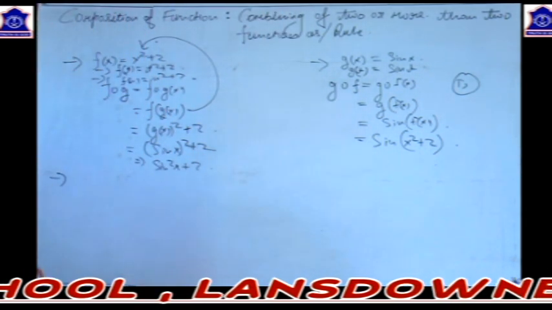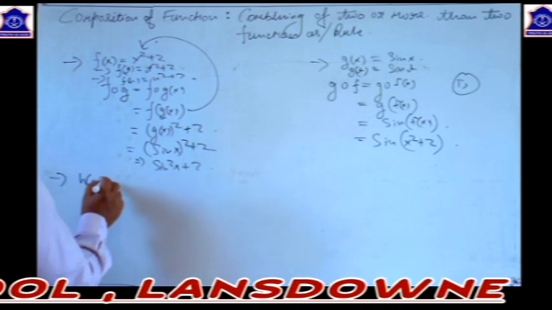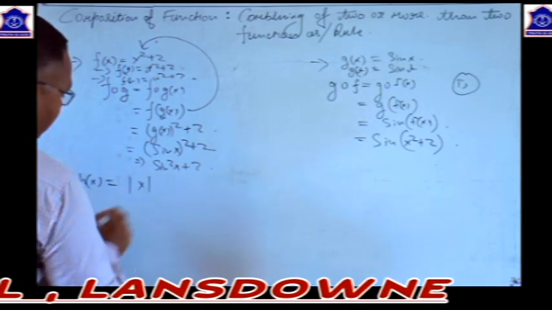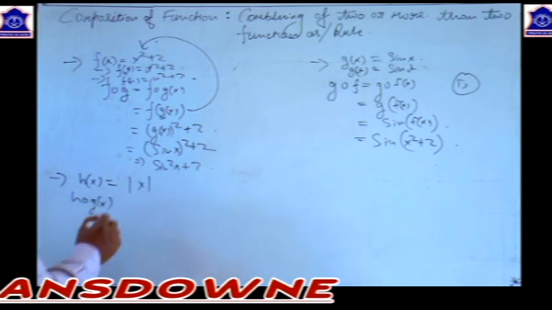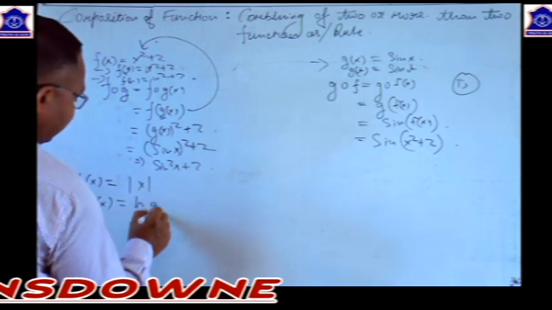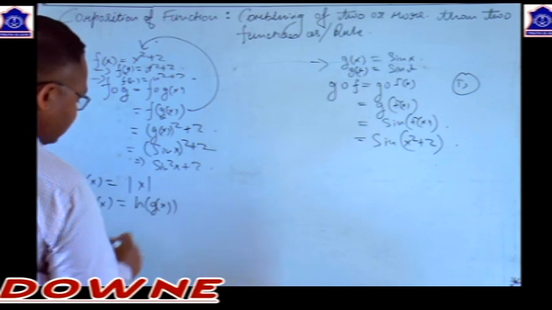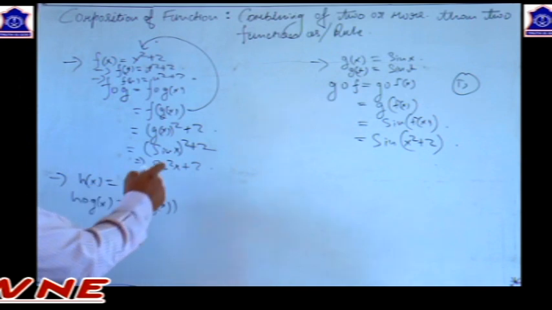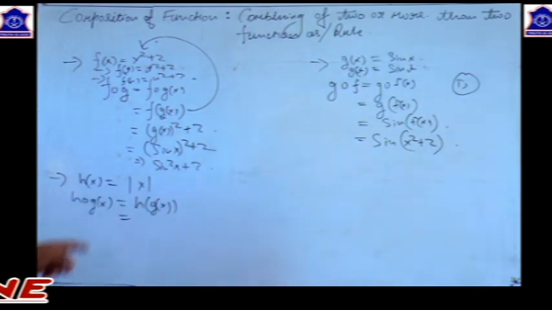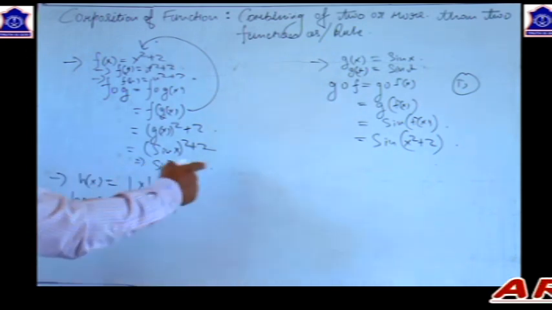Suppose you have another function h(x) and it is defined as modulus of x, then h of g(x) will be written as h of g(x), and you know when h(x) equal to modulus x, तो अगर मैं h(t) लेता तो मॉडुलस ऑफ t होता, h(n) लेता तो मॉडुलस ऑफ n होता.